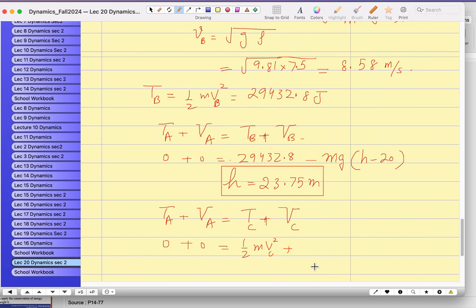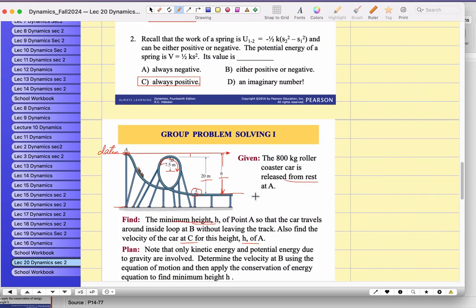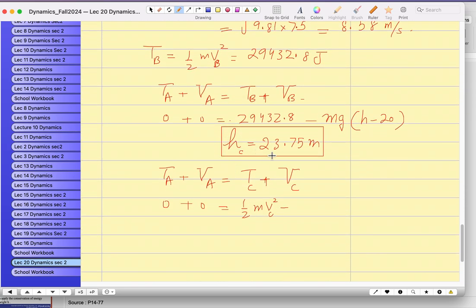The potential energy change is negative because it is going down. Looking at this picture, the depth is h, which is 23.75, which we already calculated. So at location C, this is negative mgh with 23.75, and if you solve for this, you should get 21.6 meters per second. This is your answer.